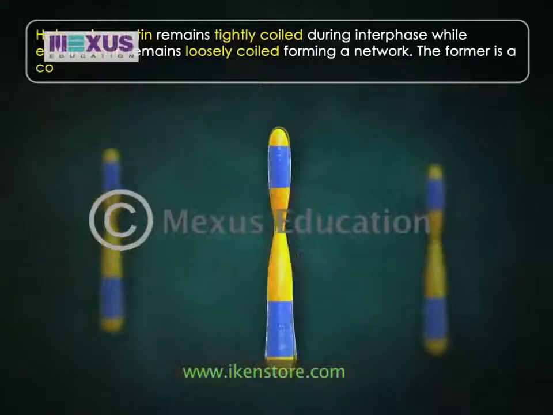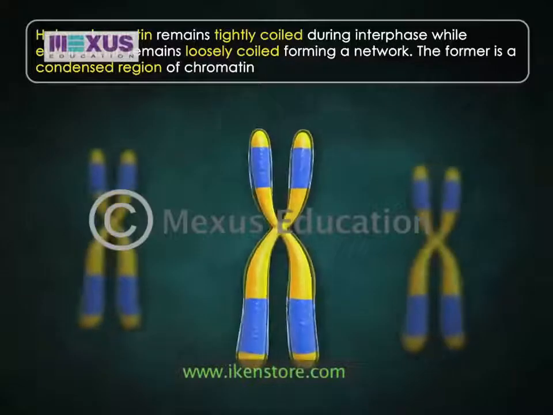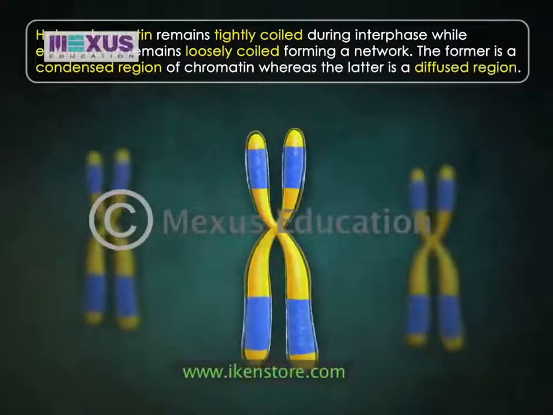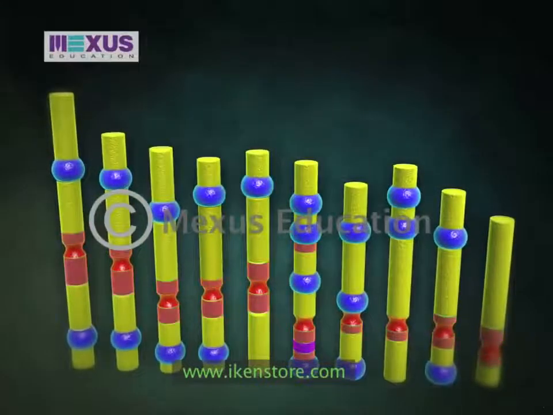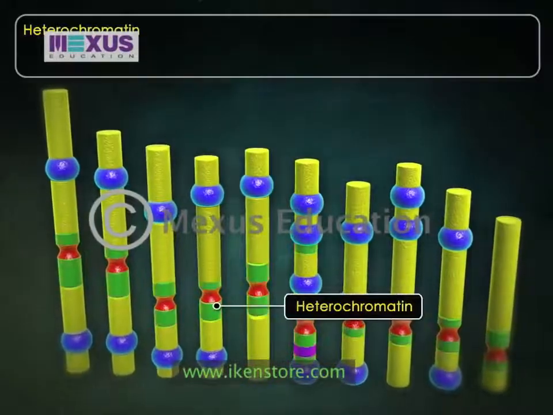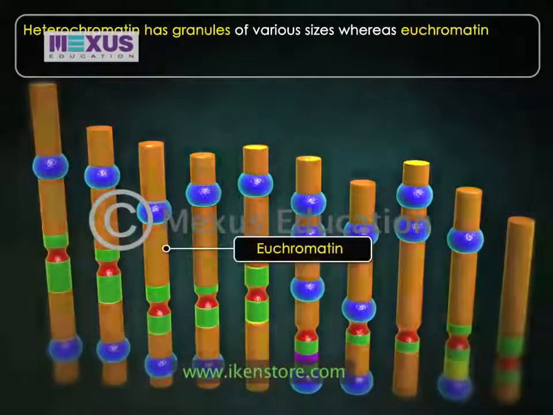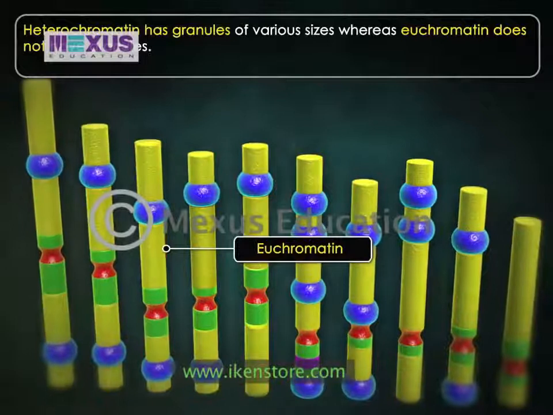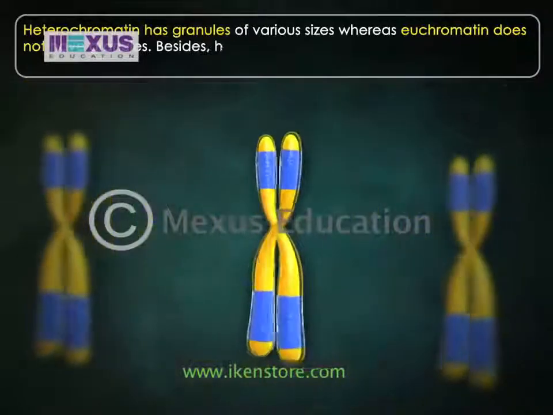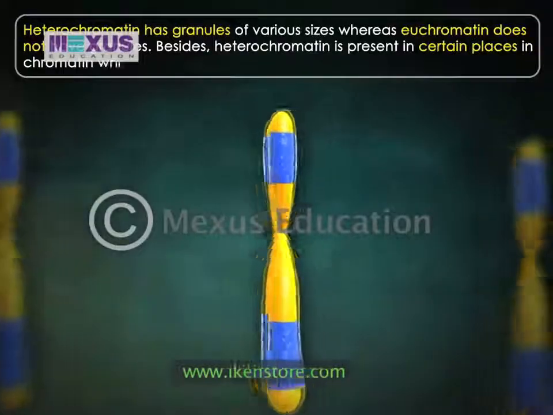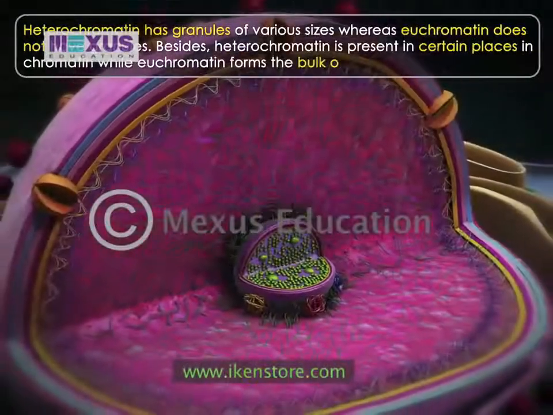The former is a condensed region of chromatin, whereas the latter is a diffused region. Heterochromatin has granules of various sizes, whereas euchromatin does not have granules. Besides, heterochromatin is present in certain places in chromatin, while euchromatin forms the bulk of the chromatin.